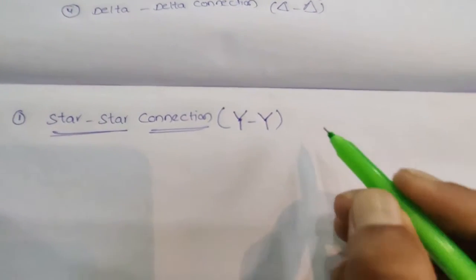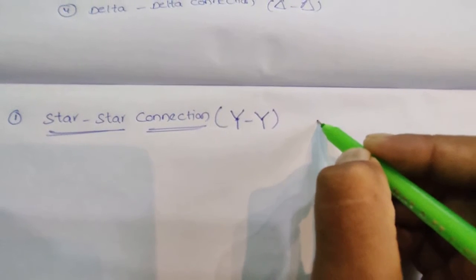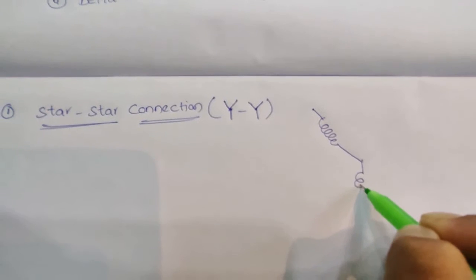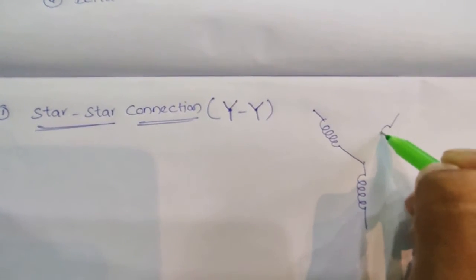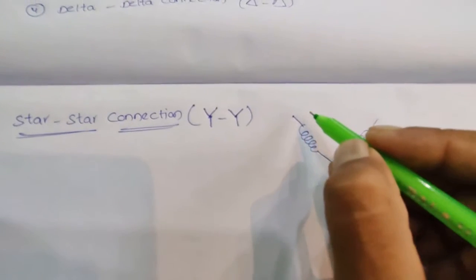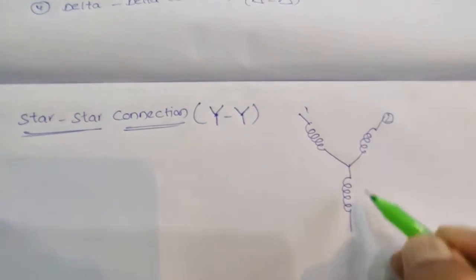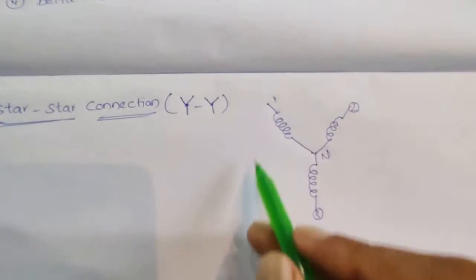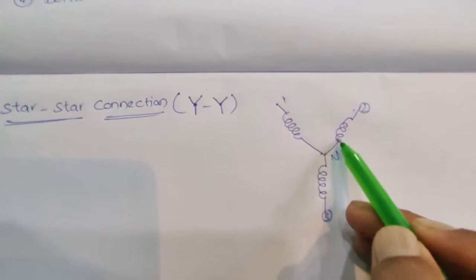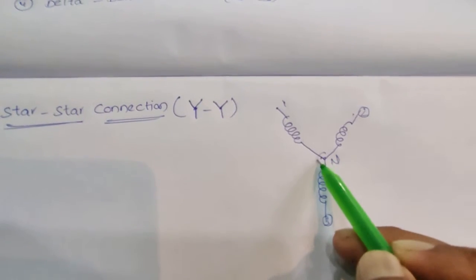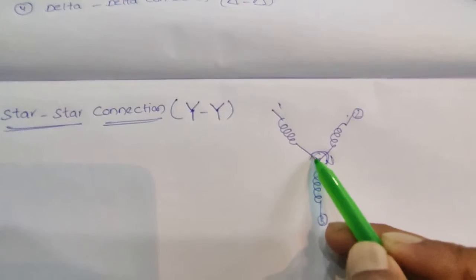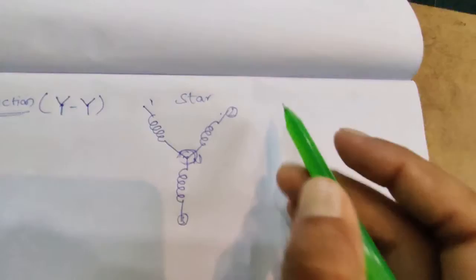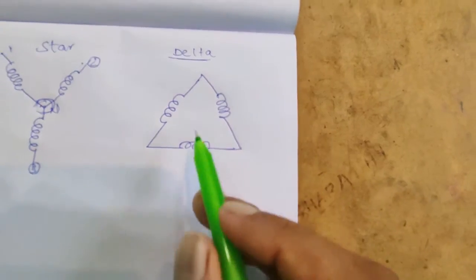What star means, the star is like this. This is one point, one node, second node, third node, and this is one final neutral node. In this star, all the three points are combined to one node, single node. This is known as star. Coming to delta, delta actually looks like in this manner.